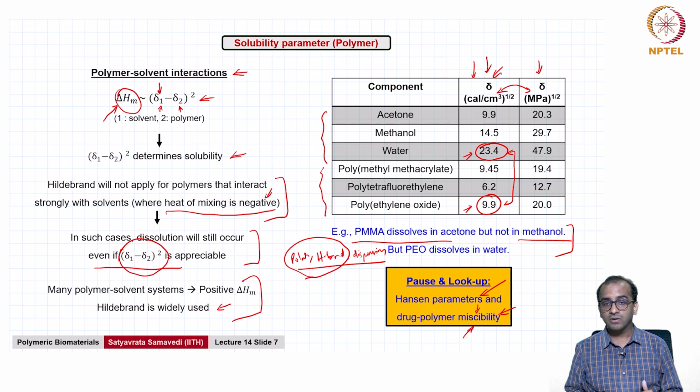For a polymer now, how would you determine this? Because for a polymer, if you take a viscous melt and heat it, if you keep heating it further and further, you're going to end up with polymer decomposition. You will never end up with polymer vapor. That's not a very meaningful thing to talk about. So, then how is the cohesive energy density determined at all? That's a very interesting question you can ask.